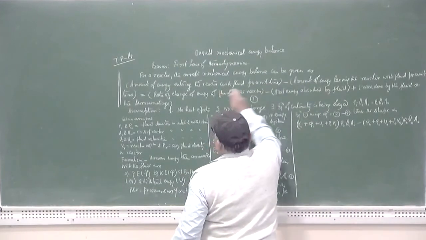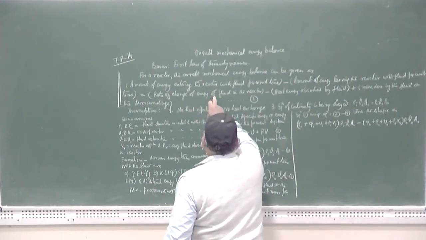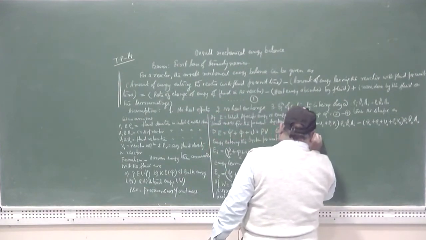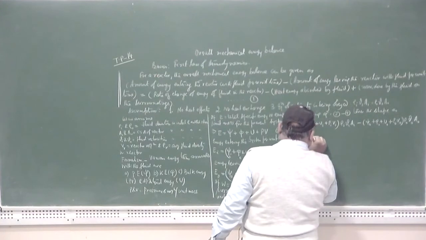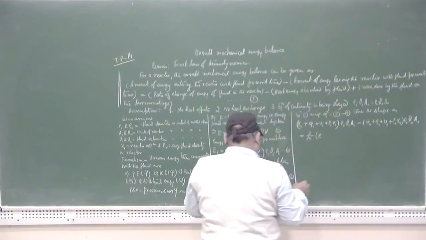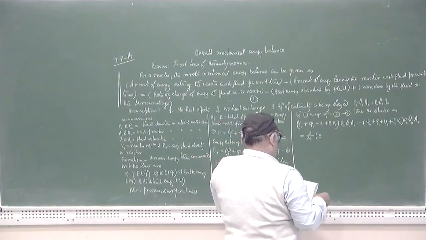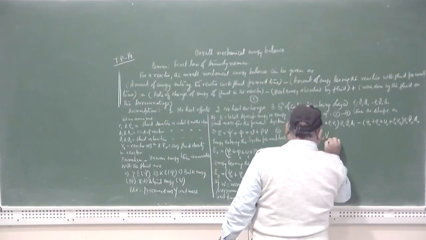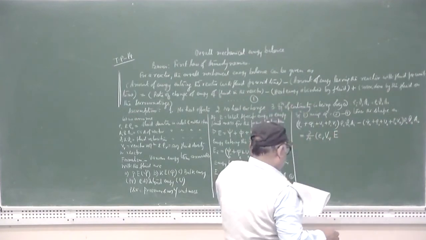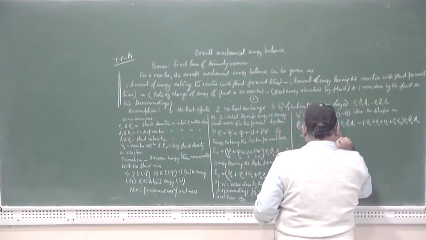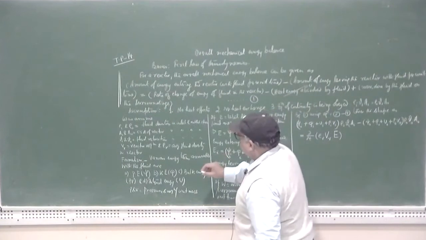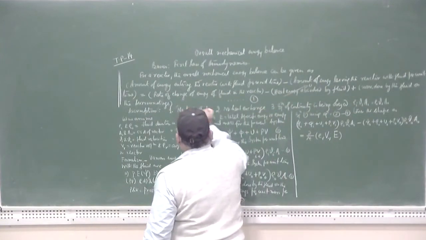This minus this is equal to the rate of change of energy of the fluid in the reactor, that should be equal to delta by delta t of rho r into Vr into the specific energy E. So, this quantity will be 0 by virtue of assumptions number 1 and 2.